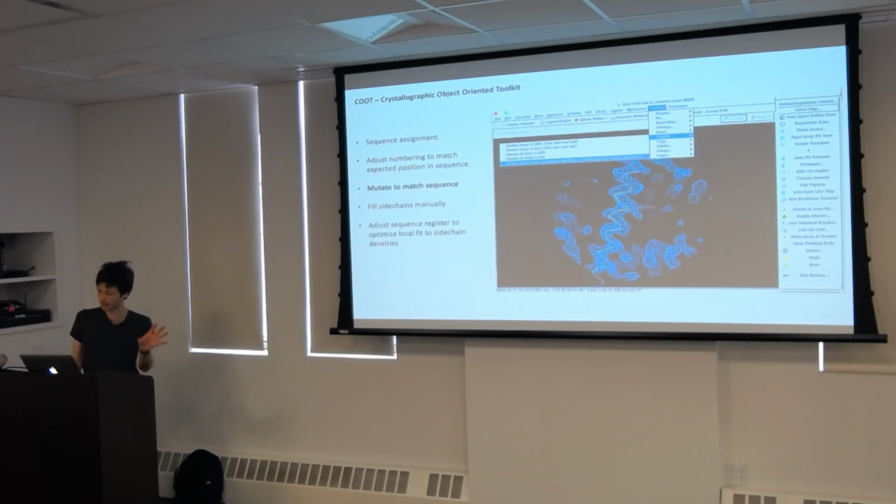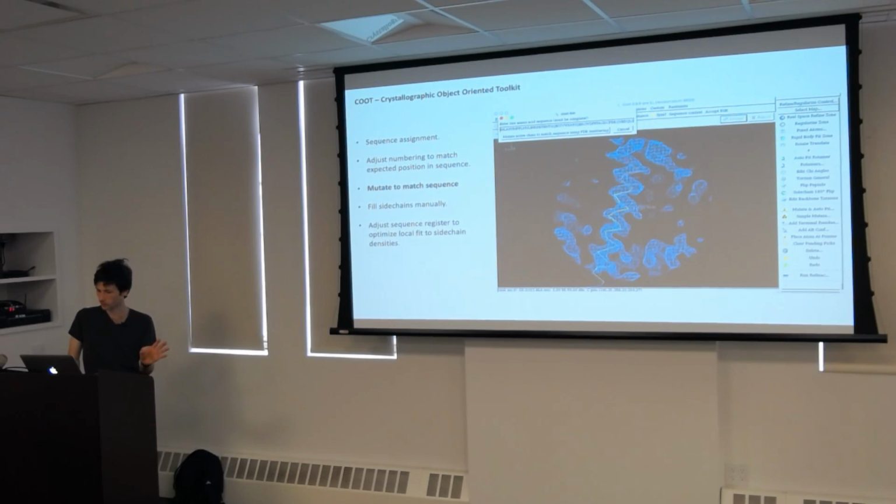So just enter your sequence in plain text and mutate it to that. Then test that, see if that matches up to what you can see in the density. And if it doesn't, you can easily adjust the numbering by 1 or by 2 or by 3 and check if that hypothesis checks out.